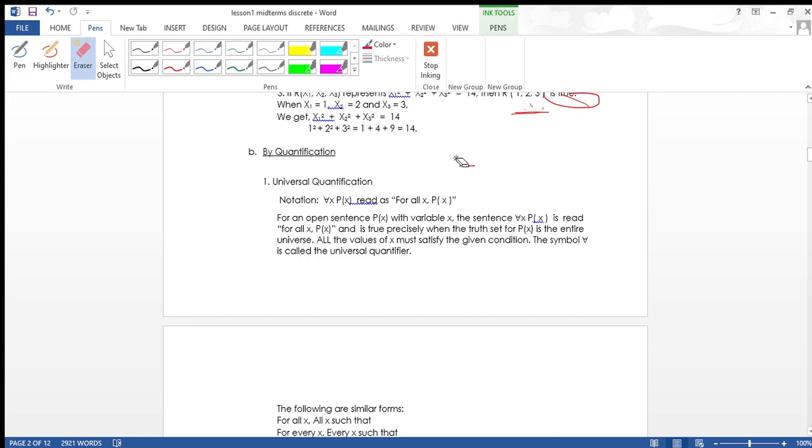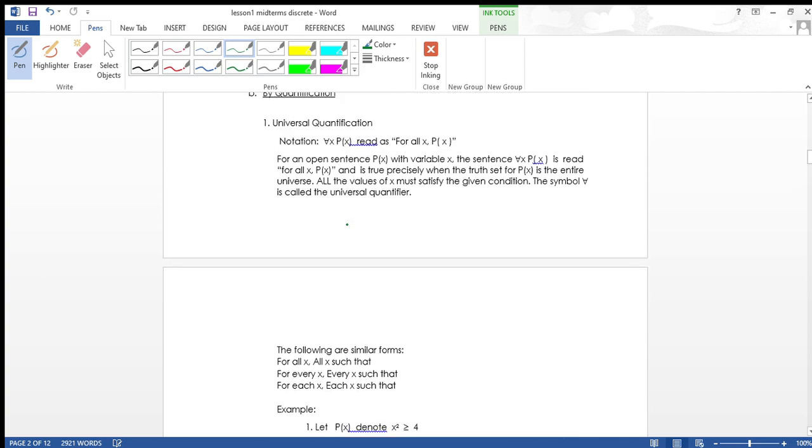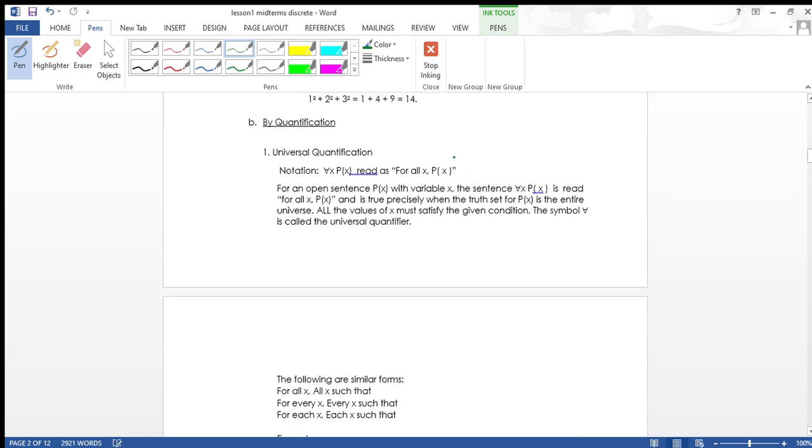We have our universal quantification and we have our existential quantification. So for the universal quantification, we now use this symbol here.